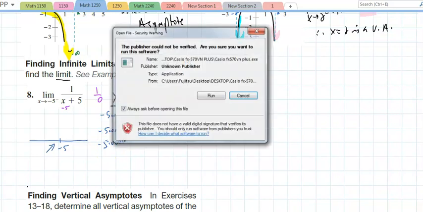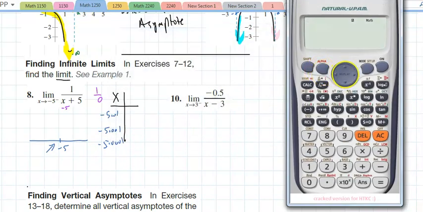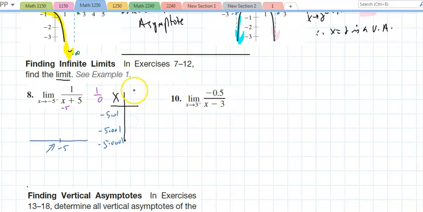And if I get my calculator out, if you recall how we did this, it's been a while, negative 5.01, right? There you go. We store that in the answer. Now we go in and we say take 1 divided by parentheses, the answer plus 5. I'm getting negative 100.